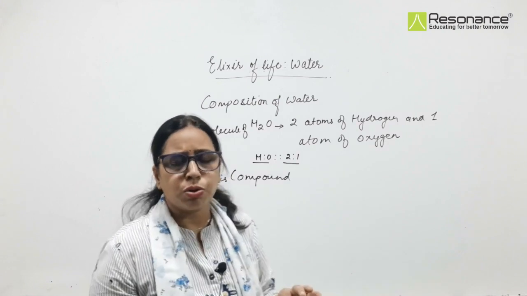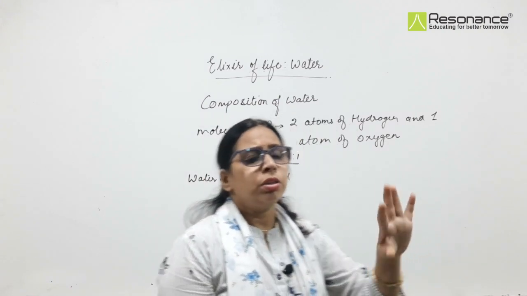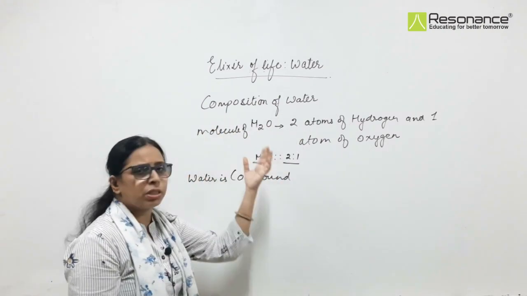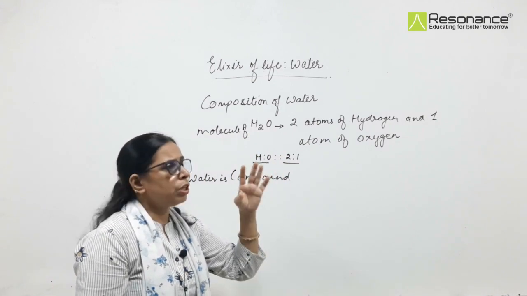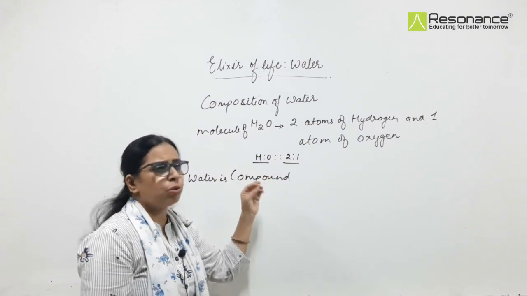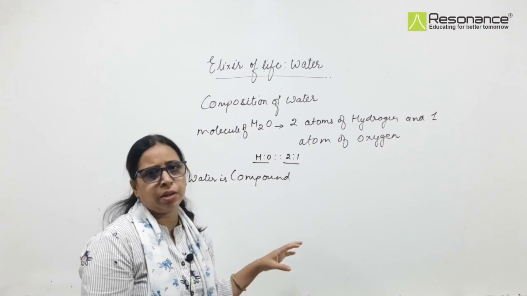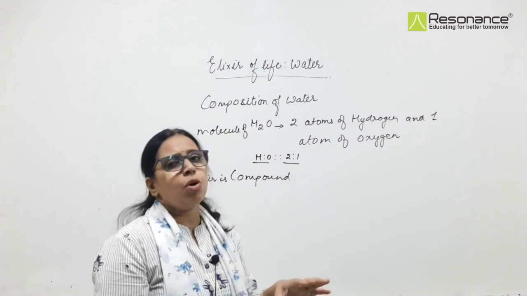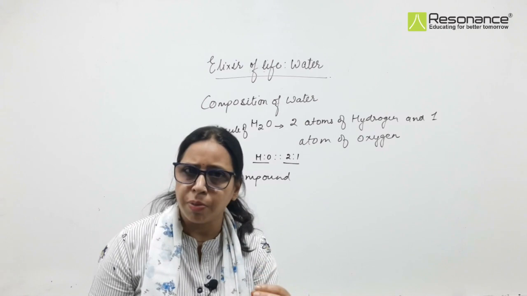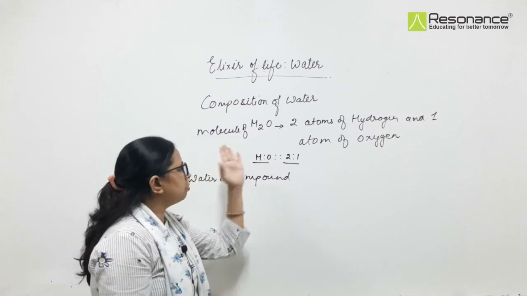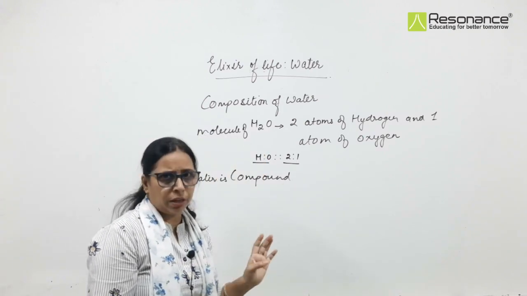Water is a compound, so we cannot break down this molecule physically. There is no such means of breaking down the water molecule physically. Neither water nor any molecule of a compound can be broken into atoms physically, right?